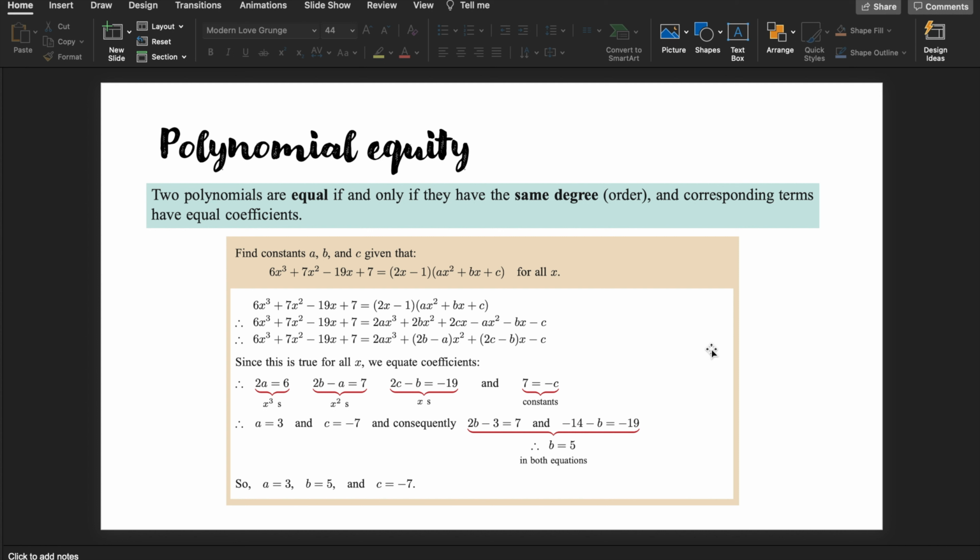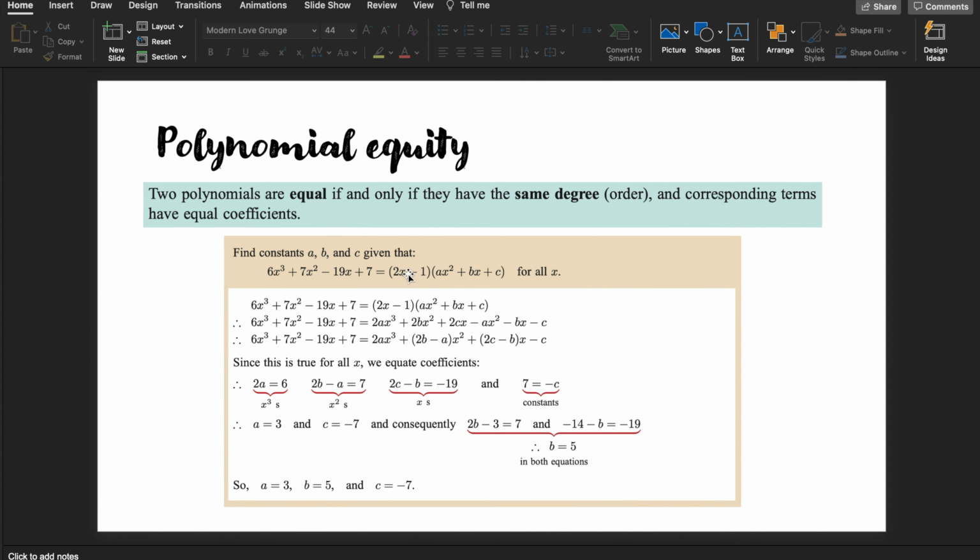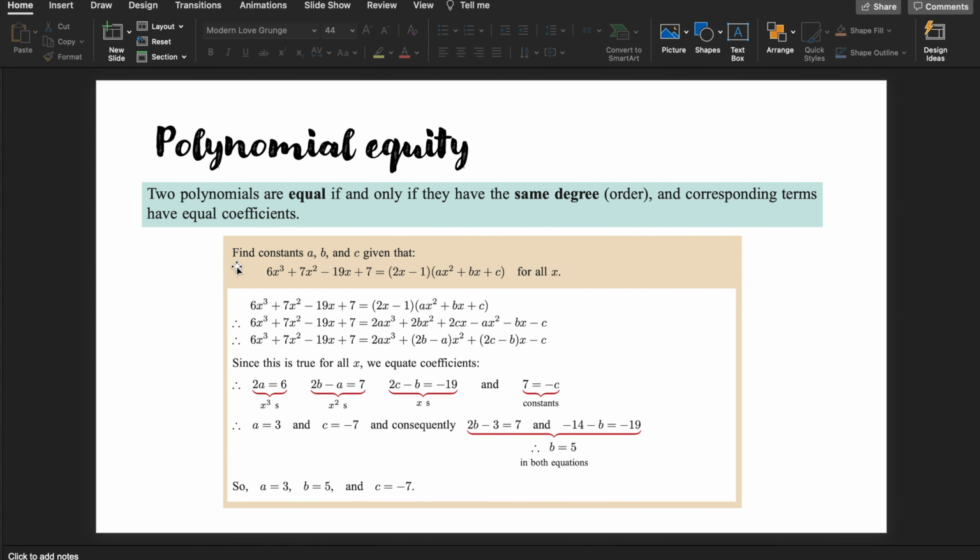So two polynomials are equal if and only if they have the same degree, which is the exponent on the variable, and the corresponding terms have equal coefficients. So this is the polynomial equality rule or statement. So now let's look at this example. We have to find constants a, b, and c given that this statement is true for all values of x.